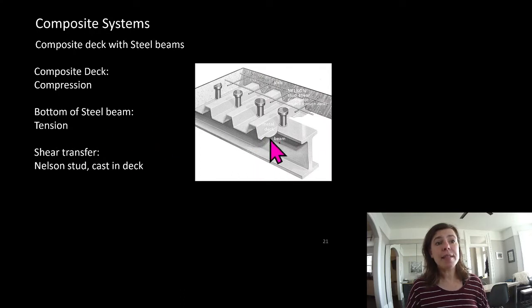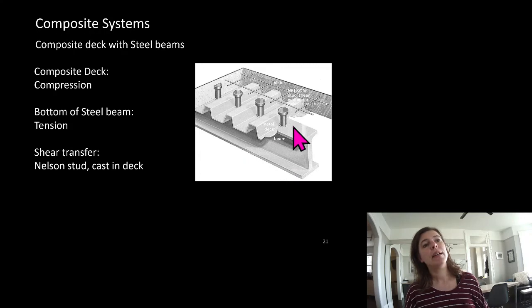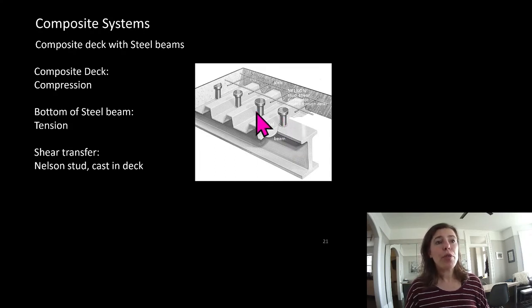We can make a steel beam composite with composite decks if we want. These shear studs, or Nelson studs is sometimes what they'll be called, get shot through the deck into the steel beam, so it bonds the deck and the steel, and then they cast the concrete around these steel studs.